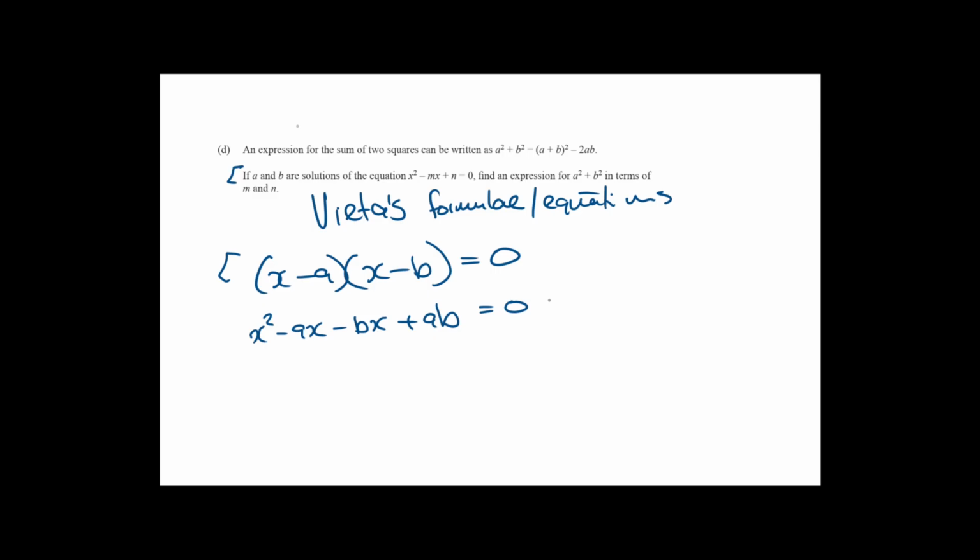Okay, and then I'm going to factor out the x to the power of 1 from the terms that have it in it. So x squared is going to be equal to minus (a plus b)x.